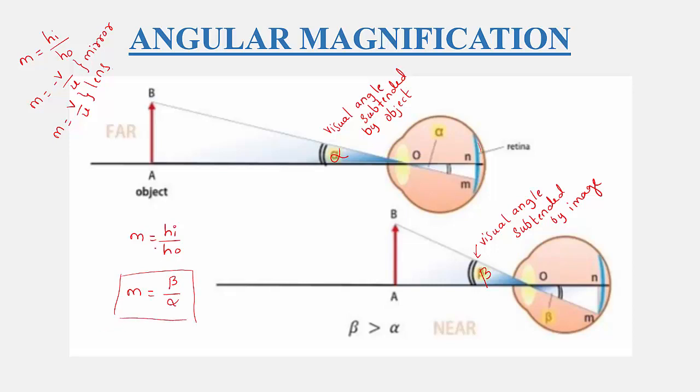Linear magnification is m = hi/ho, and angular magnification for optical instruments we can write as m = beta/alpha. Remember, beta indicates the visual angle subtended by the image, alpha indicates the visual angle subtended by the object. The visual angle subtended by the image is greater than that of the object. Beta is always greater than alpha.